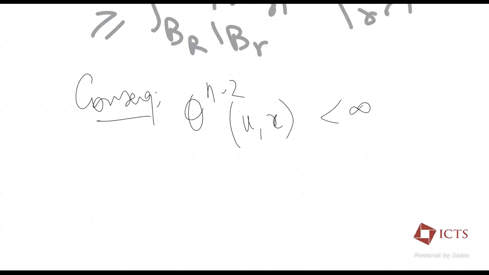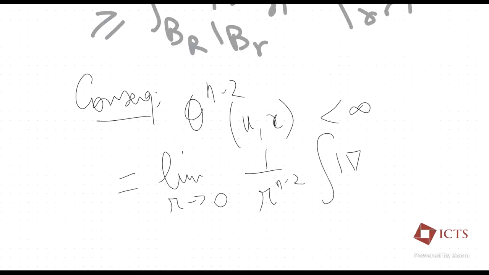This is just the limit when r goes to 0 of 1 over r^(n-2) times the integral of gradient u squared in the ball of radius r around x. Okay, so it's just because this quantity is monotone, so it has a limit. So this is the first lemma.